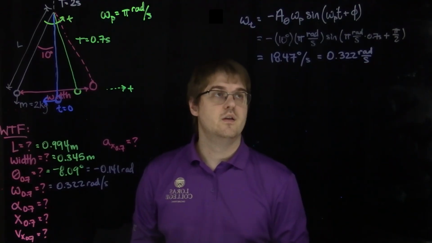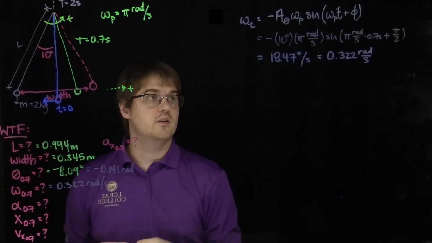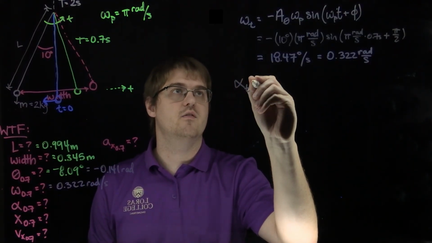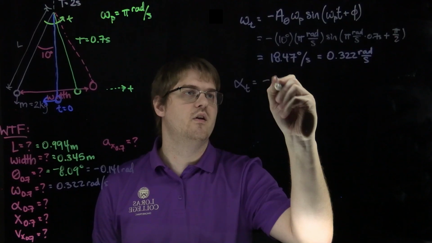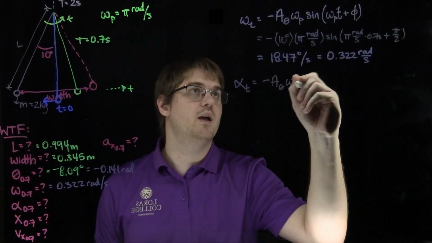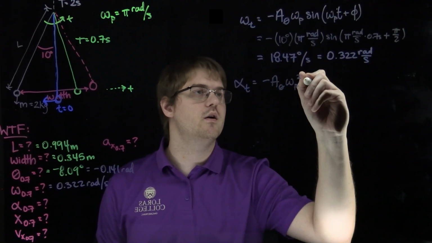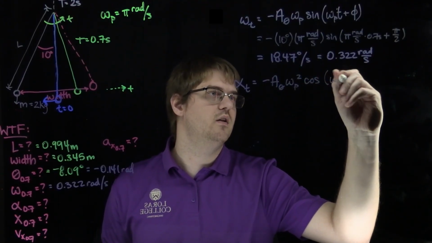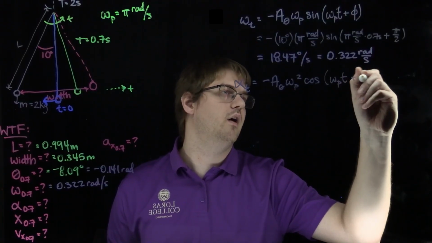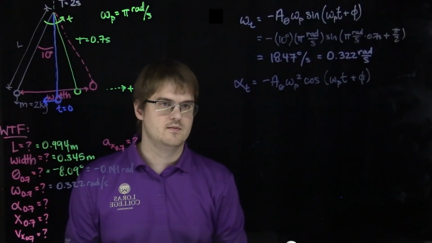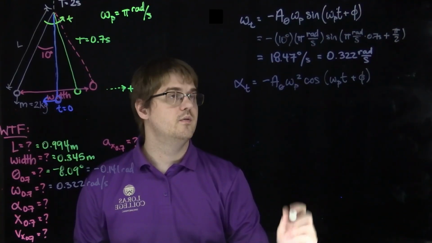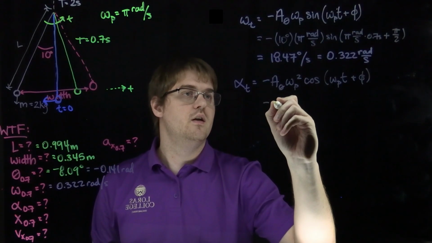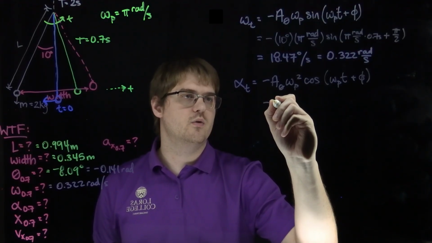Okay, and the last step is exactly the same. We have an alpha at a given time. We have negative A theta times omega p now squared times the cosine once again of omega p times t plus phi. Rinse and repeat. With this, it is going to be negative A theta, which was 10 degrees.